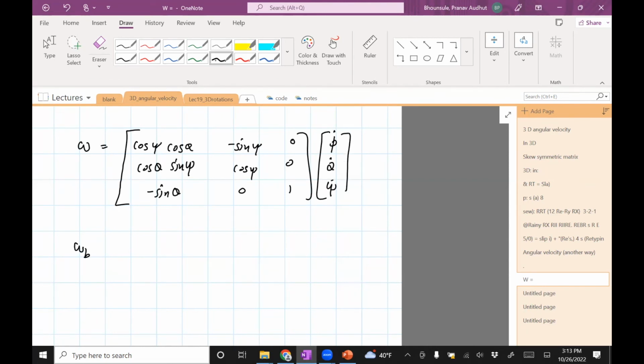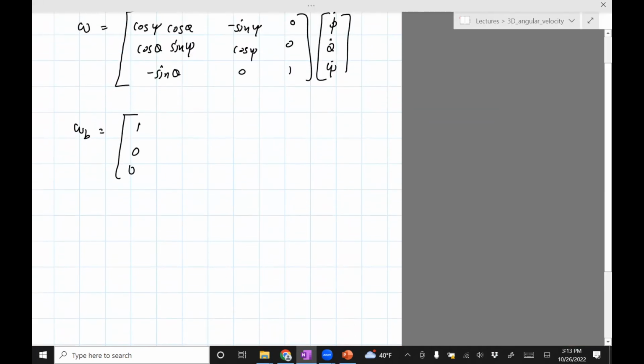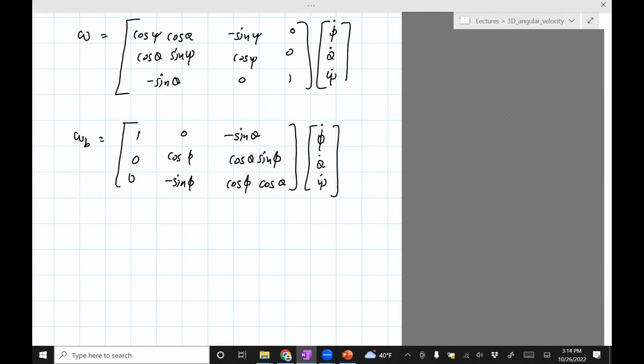You can also do the same thing for omega B. It comes out to be 1, 0, 0, 0, cosine phi, minus sin phi, minus sin theta, cosine theta, sin phi, cosine phi cosine theta, times phi dot, theta dot, psi dot.